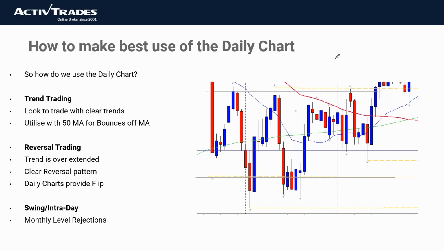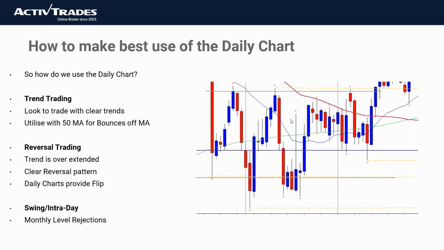In particular, I like bounces off the 50-period moving average, which is the red moving average on my own chart. That is a very simple confluence of events where we can see price action in a pullback, in a trend, off a level of dynamic support or resistance. That is what provides you with the opportunity for a trade plan, and we'll look at that in a bit more detail in a couple of charts.